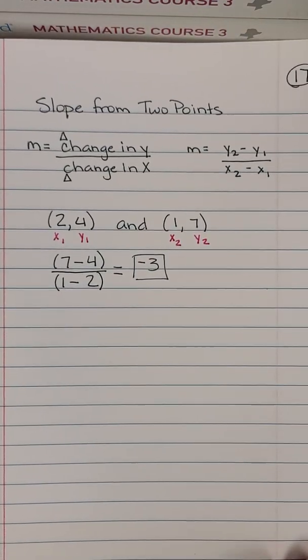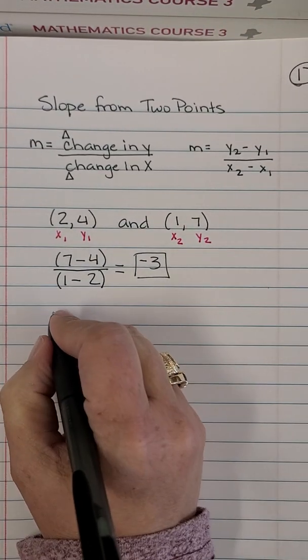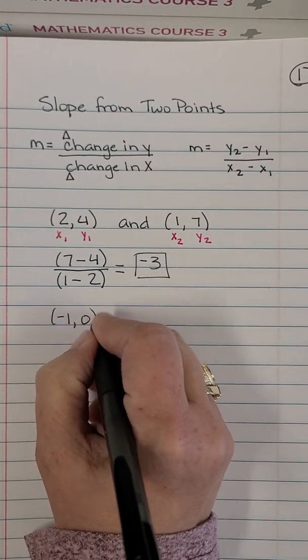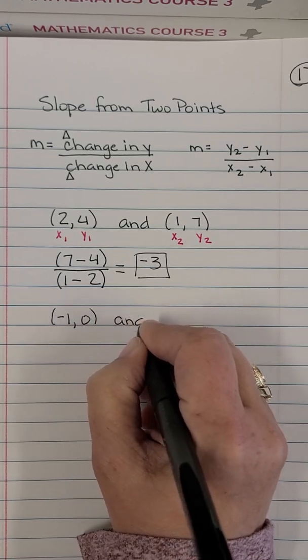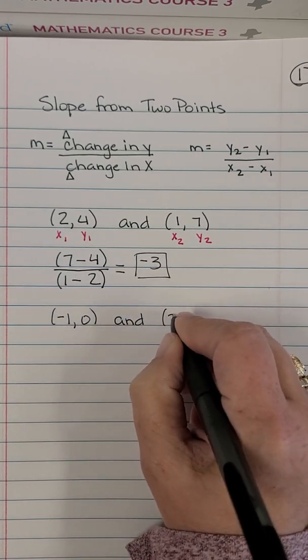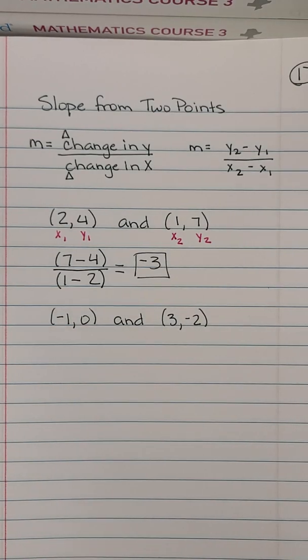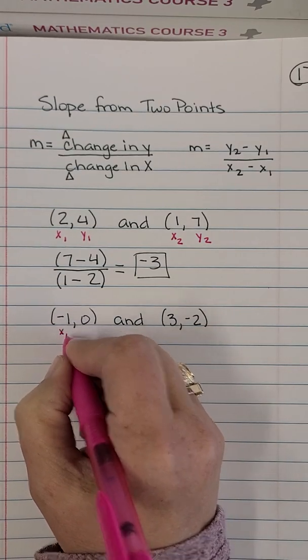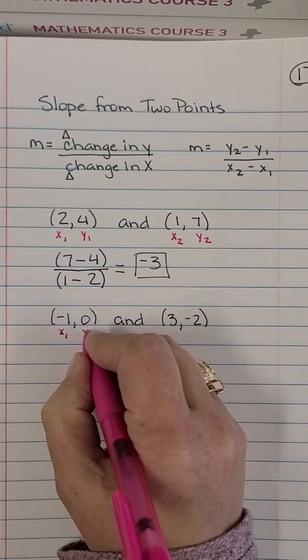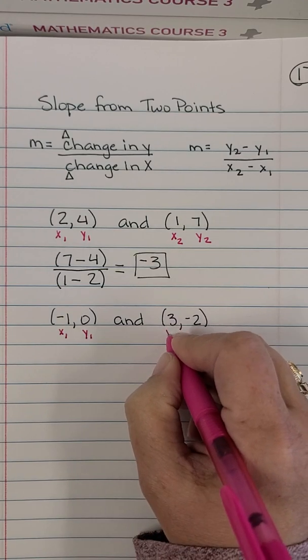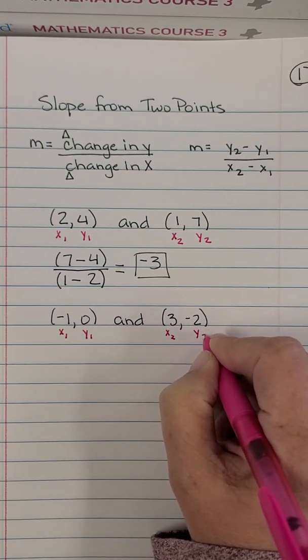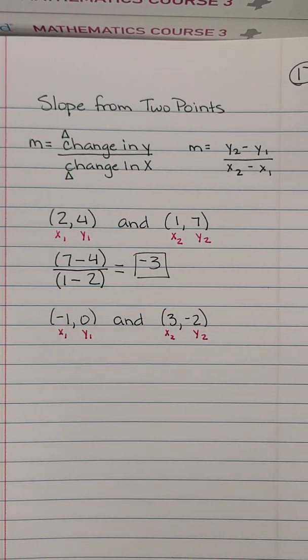All right, so let's try another example. So if I had negative 1, 0 as my first point, and 3, negative 2 as my second point. Remember, we always want to label our x and our y. So I have x1 because that's my first point, and y1. x2 because this is my second point, and y2.